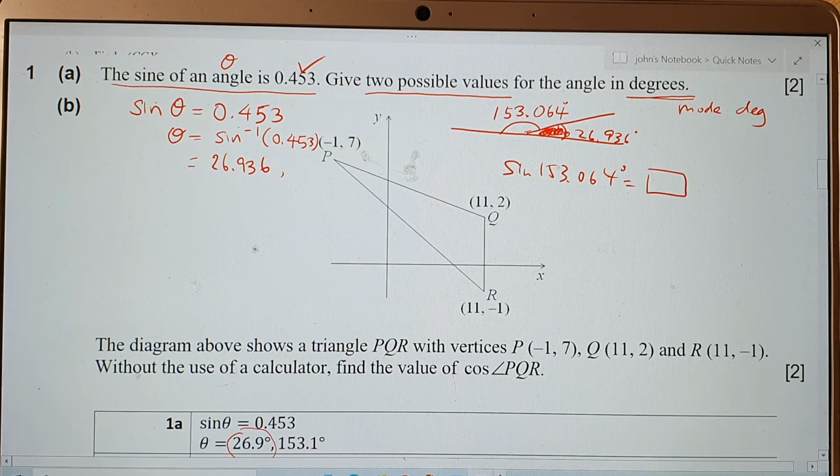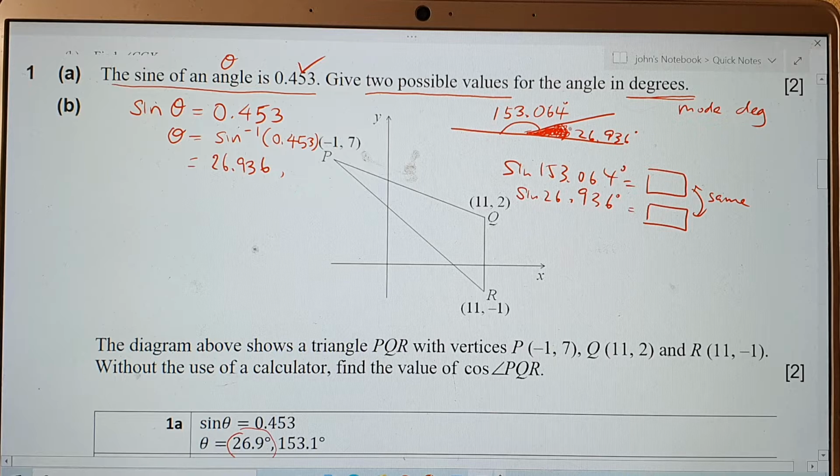You will find that when you press sine of 26.936, you will also get this same answer. Exactly the same, even the sign is the same, meaning they are both positive. We already explained in class why this is so, so I will not go through it now.